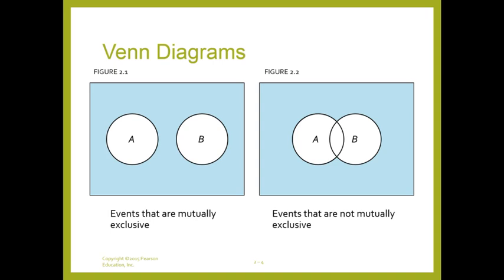But the reason you can do it this way is because whenever you get a head, you do not get a tail. You understand that. You can get a head, but not a tail at that same time. So when you look at a Venn diagram, they don't mix, because you can't get a head and a tail.